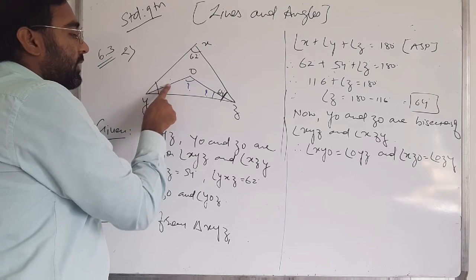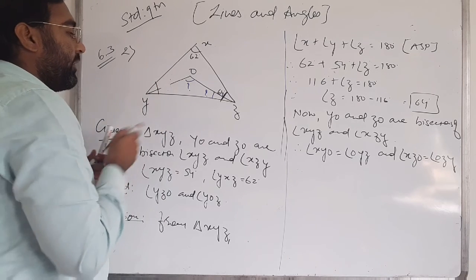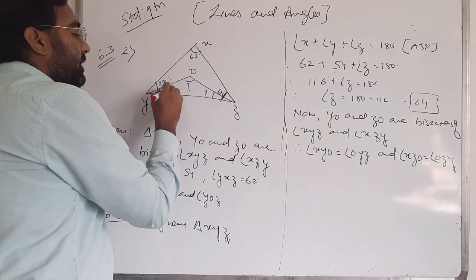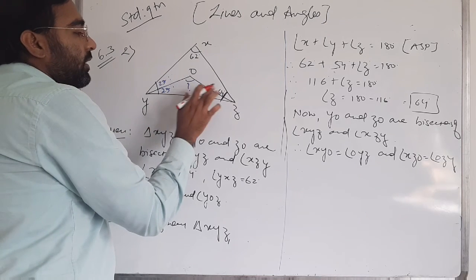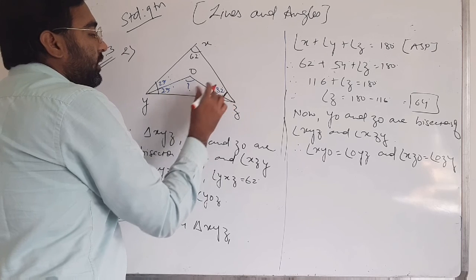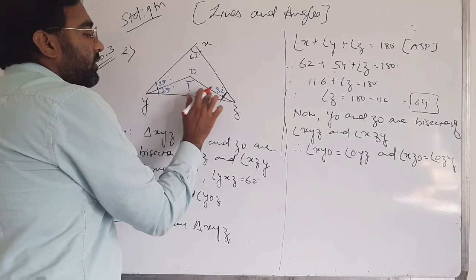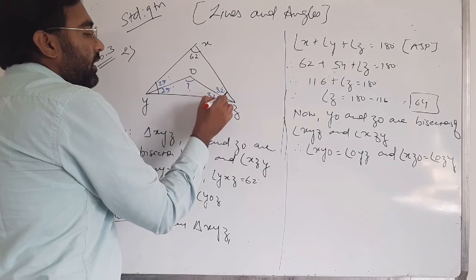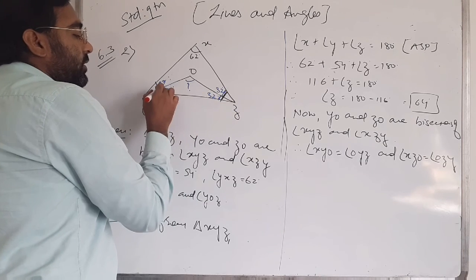This whole angle is given as 54 degrees, so I'll write it in two equal parts, 27 and 27. And this 64 degrees I'll write in two equal parts, 32 and 32. This angle is 32 and this angle is also 32.